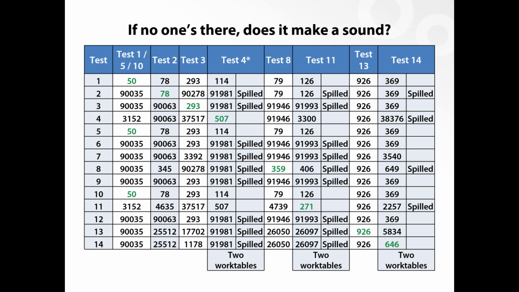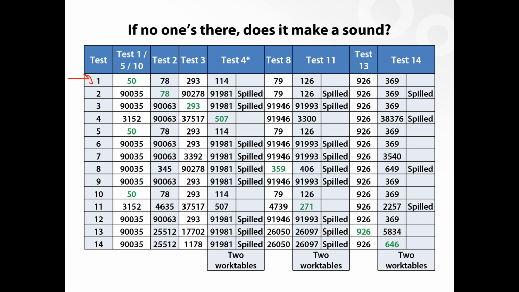If I'm getting the same plan, I should get the same IOs for the same parameters over and over again. My argument is that if I have really stable plans, no matter what parameters I execute, test one should have the same IOs all the way across, and yet it doesn't.